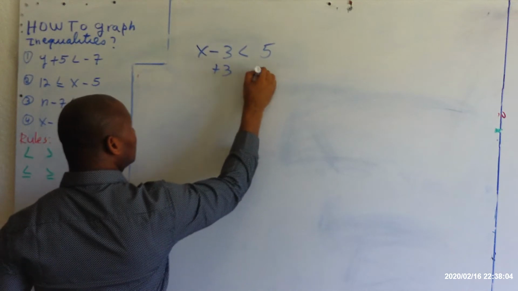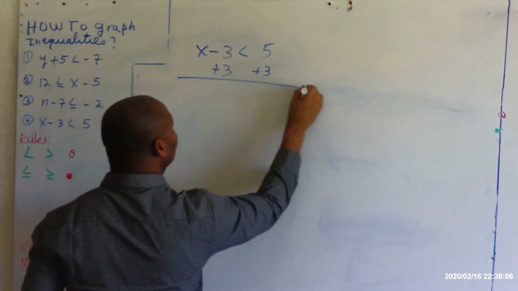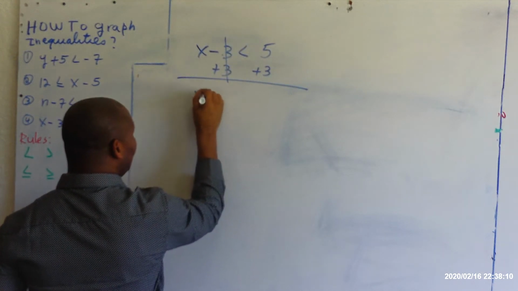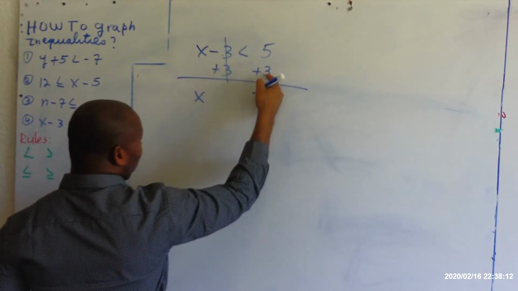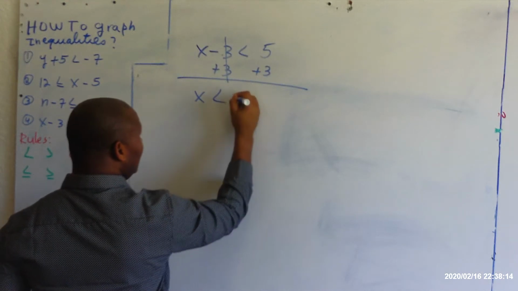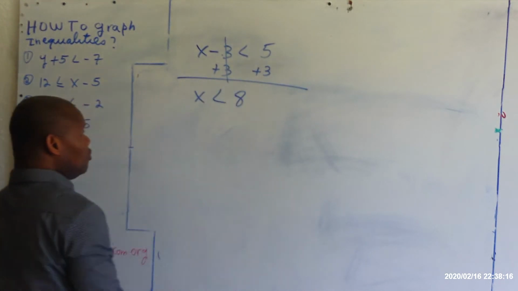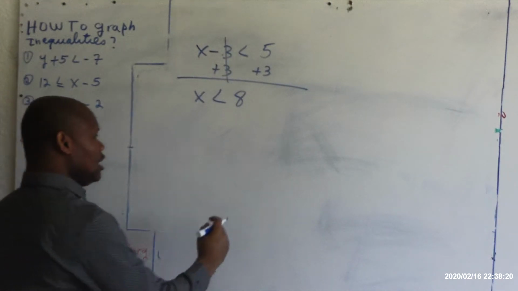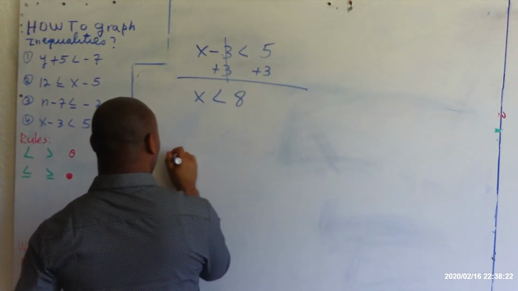Negative 3 plus 3, that cancels. Bring down x. So 5 plus 3, that's going to be 8. So we're going to graph x less than 8.